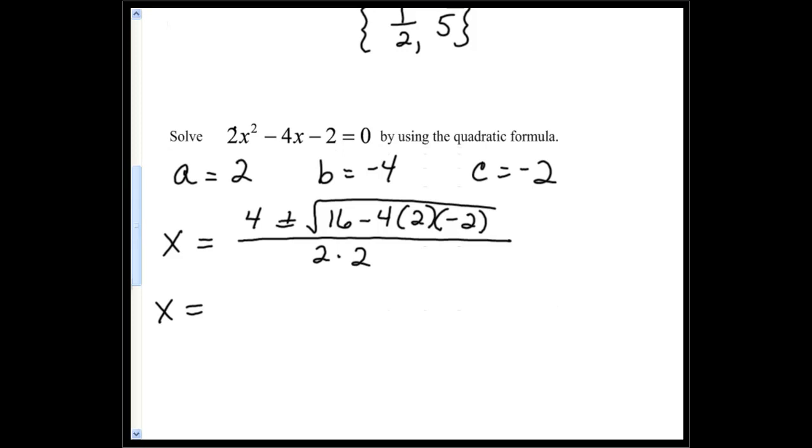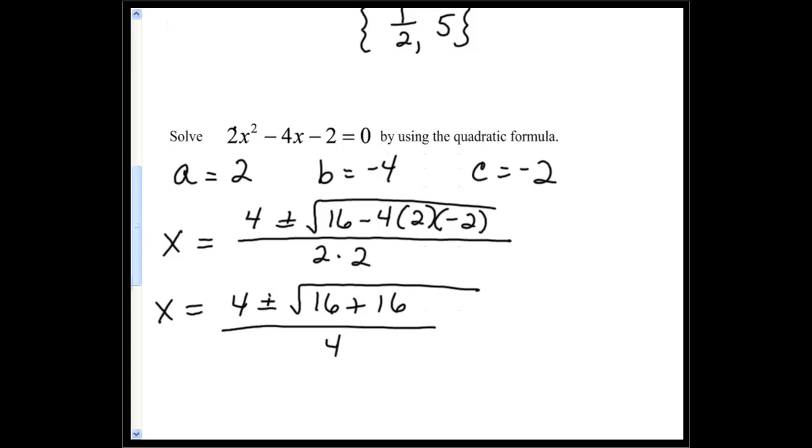Further simplifying, 4 plus or minus, we now have 16 plus 4 times 2 times the negative 2, we'll end up with 16 plus 16 all over 4. Now, further simplifying, 4 plus or minus the square root of 32 all over 4.